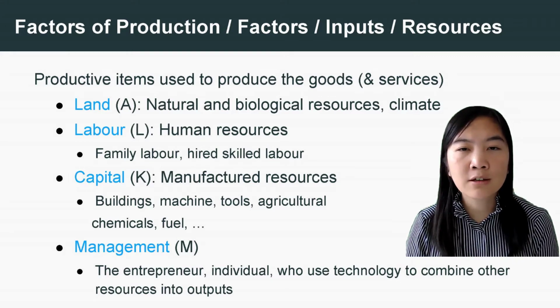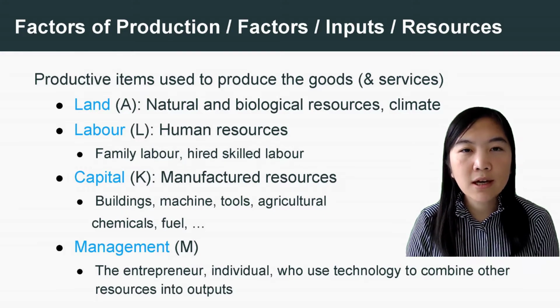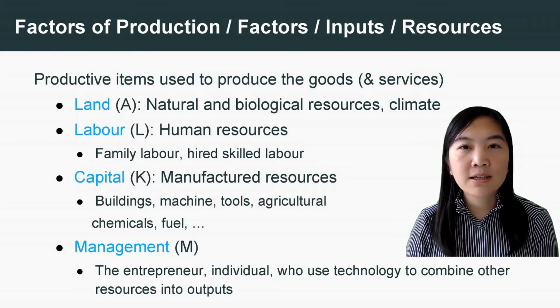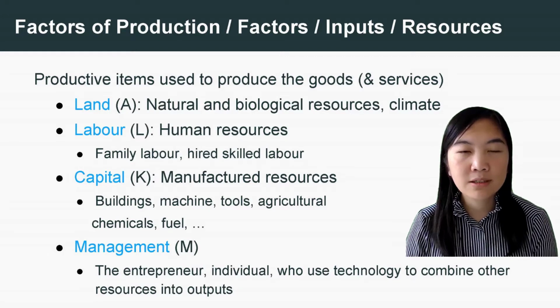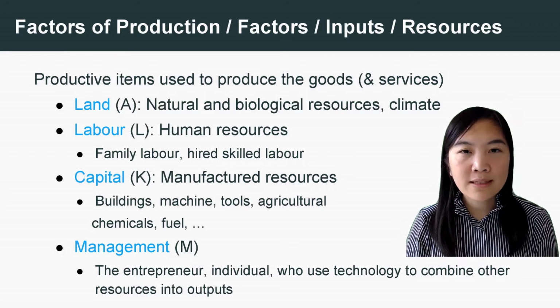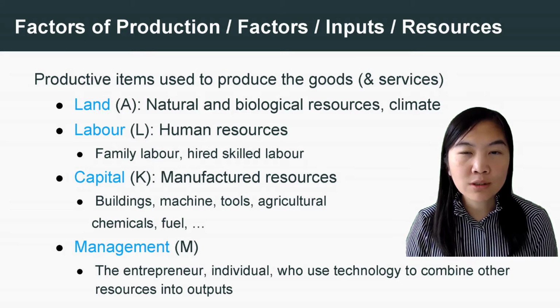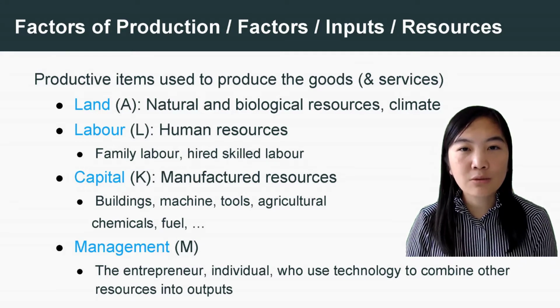Capital includes a lot of things. So basically it's manufactured resources, for example, buildings, machines, tools, agricultural chemicals, fuel, and so on. The last one is management. An example is the entrepreneur or the individual who uses technology to combine other resources into outputs.